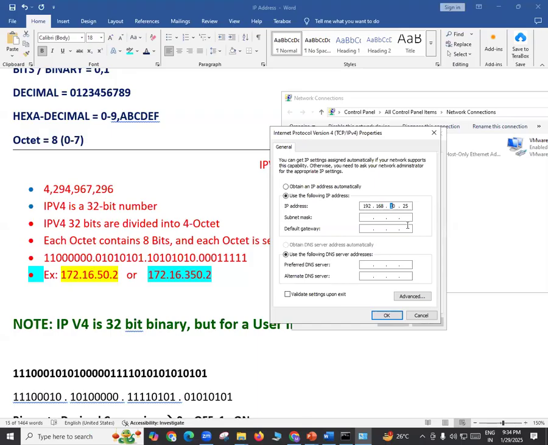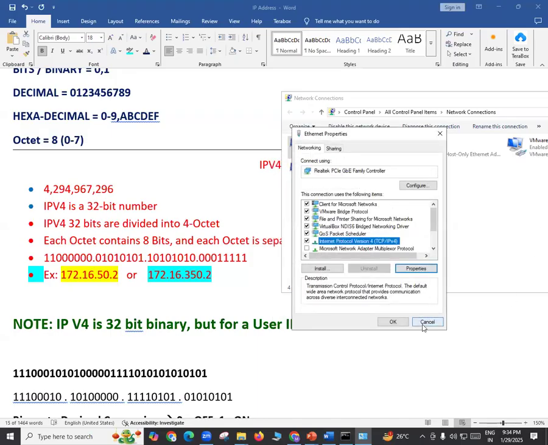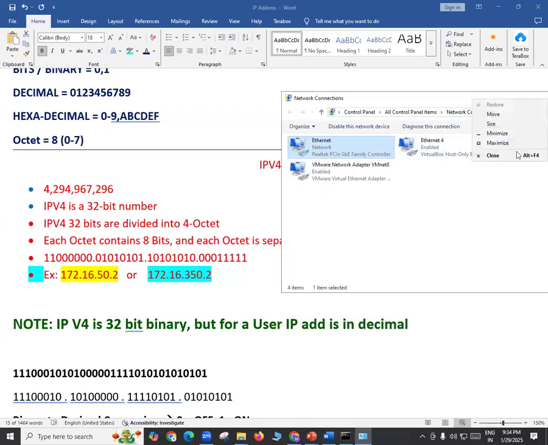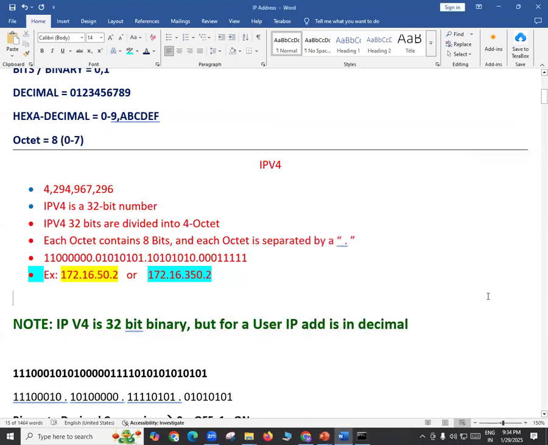It's a big deal maybe for a non-technical person, but for us, we should know what 192 is in binary, what 168 is in binary, what 10 is in binary, what 25 is in binary, how exactly the numbers are converted, and how the machine is able to understand the IP address. We need to learn all these things. Got it? Just taking a number and assigning it is not a big deal, my friend. Understanding what is happening in the background, in the back end of your IP addressing, that is the major thing. So let us try to understand what is happening there.